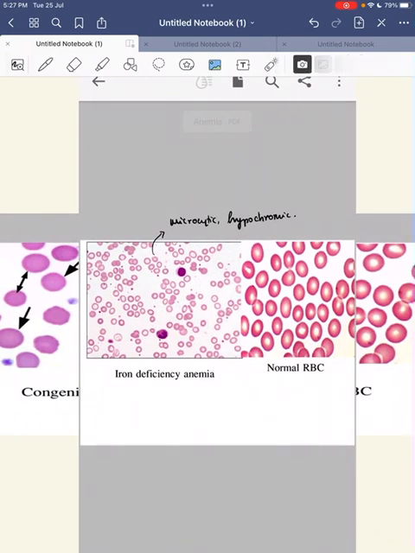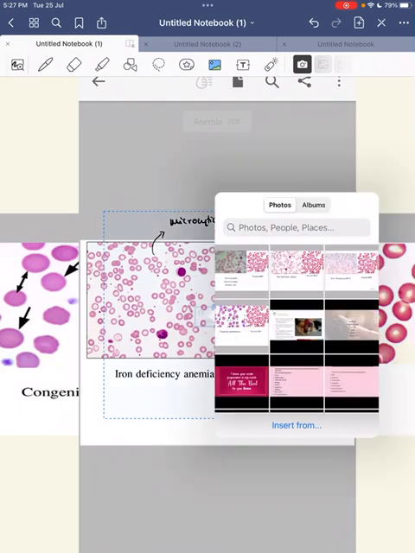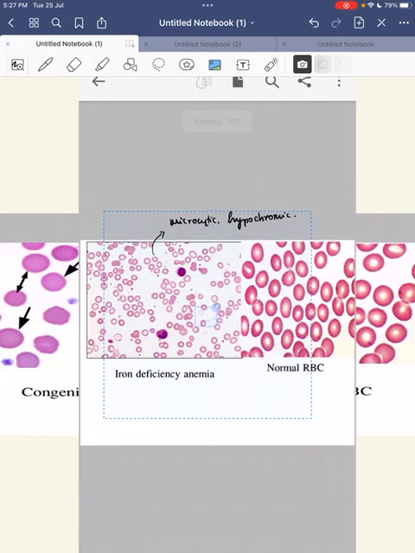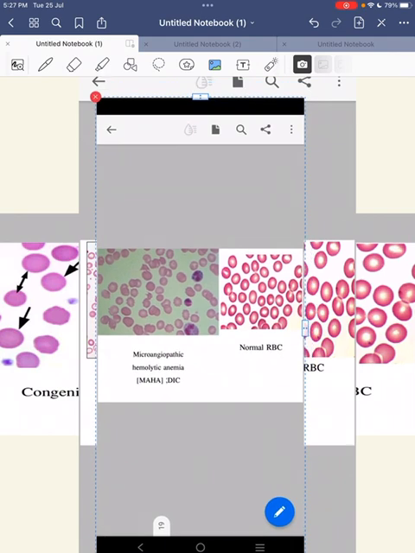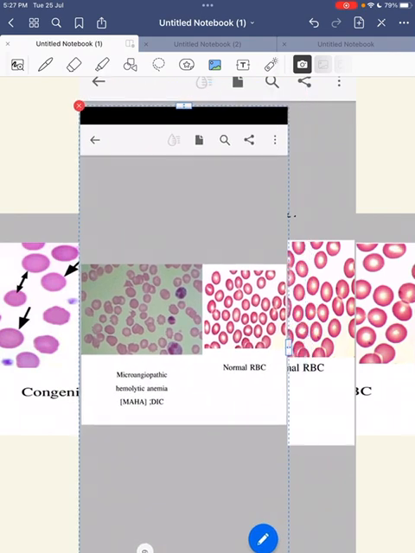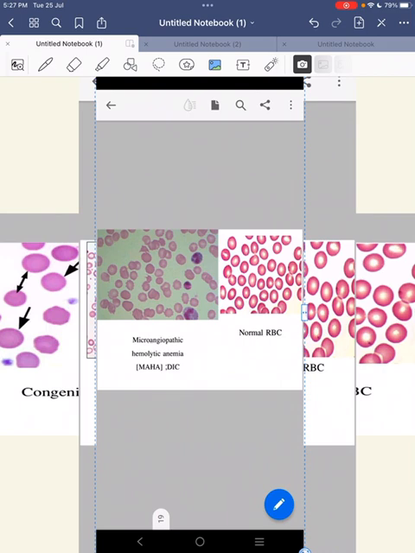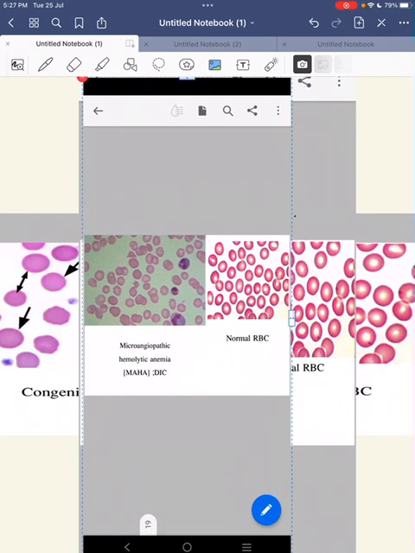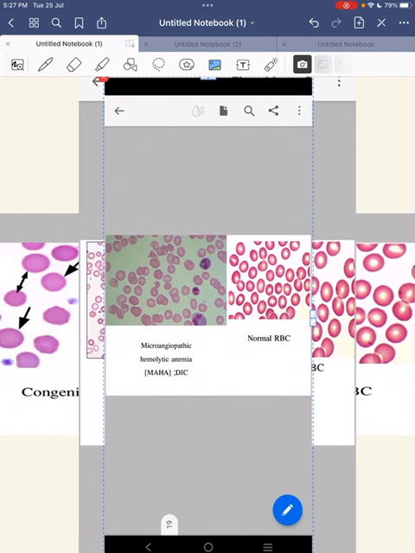Next, this is a child with hemolysis, that is, microangiopathic hemolytic anemia. This is due to mechanical reasons. When the blood vessel has any thrombosis or damage, the RBCs going through these blood vessels will be affected.